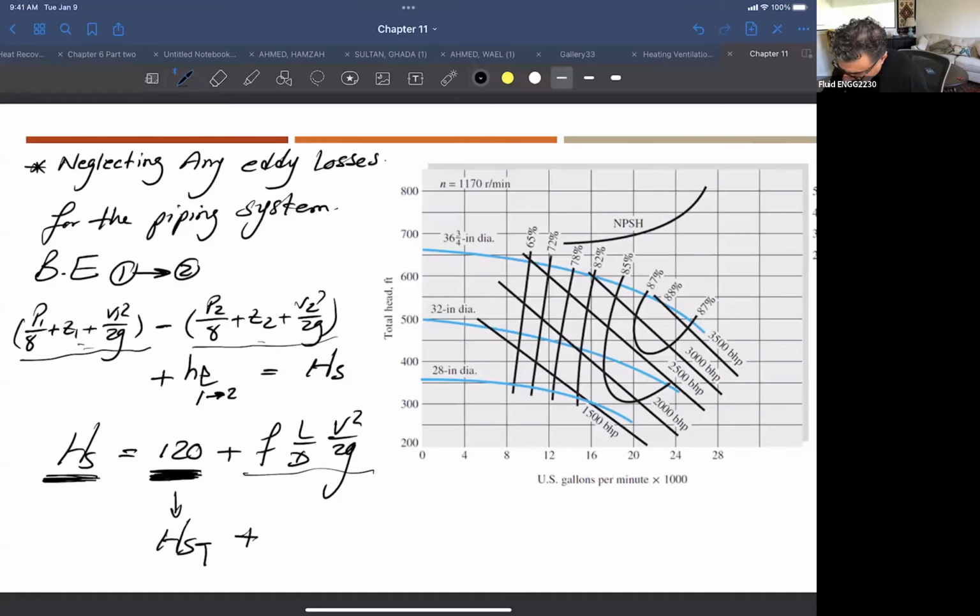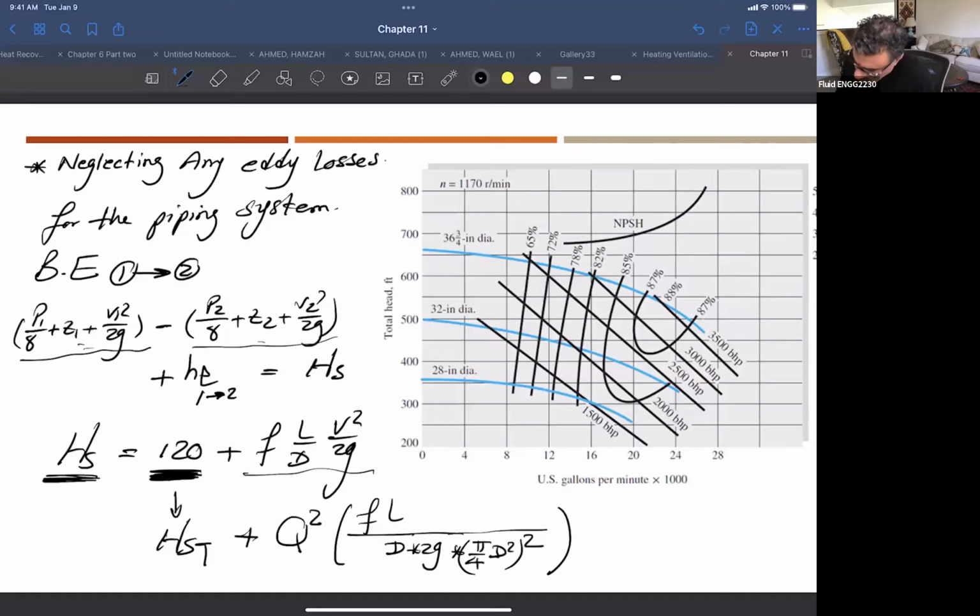So I can say f L over D times 2g, and then times pi over 4 D squared, all this, and this is going to be Q squared.